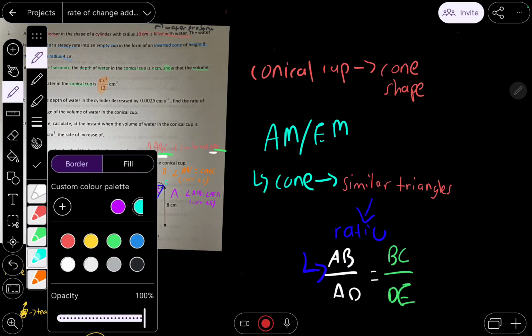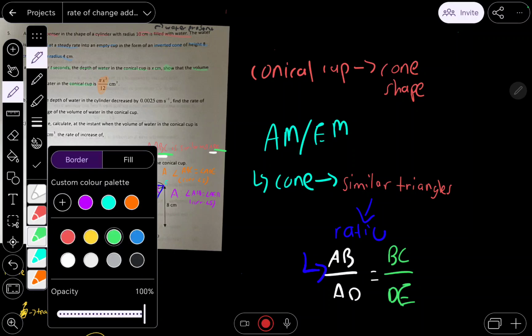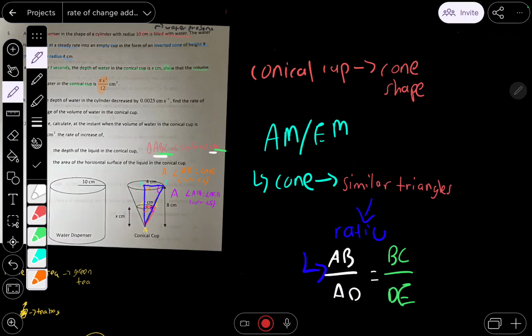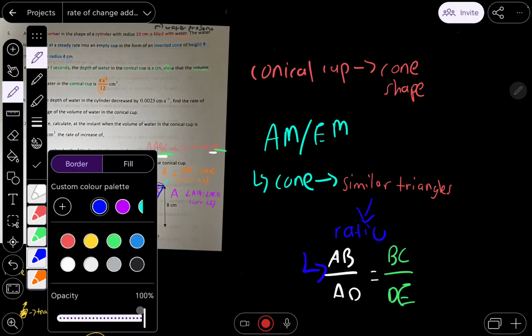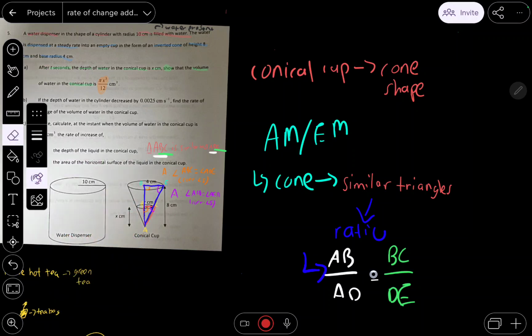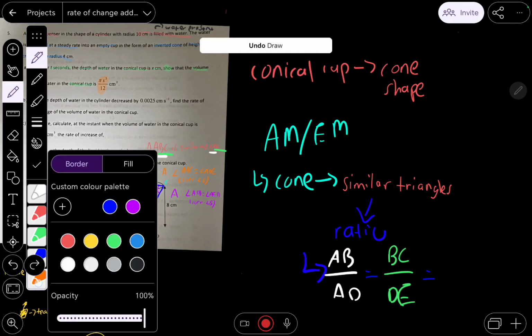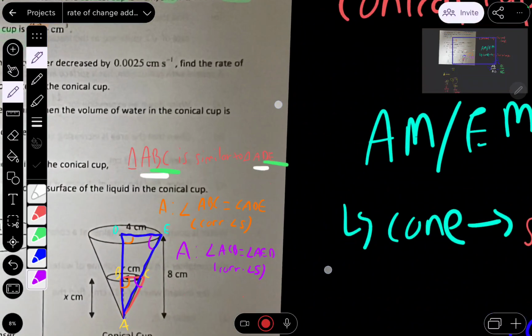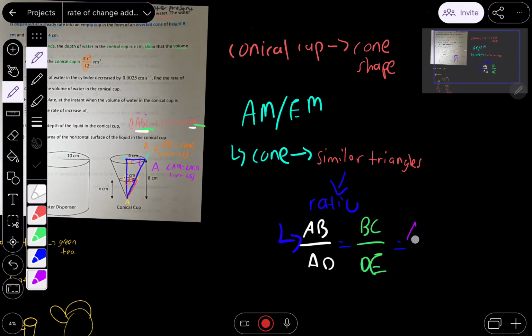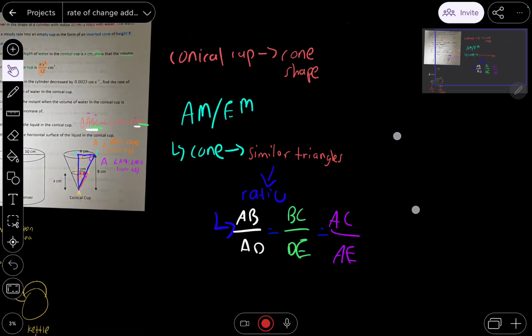Hold on, I want to differentiate the colors. Okay. And what else can we say? AC over AE. I'm just using the letters to make it clear.